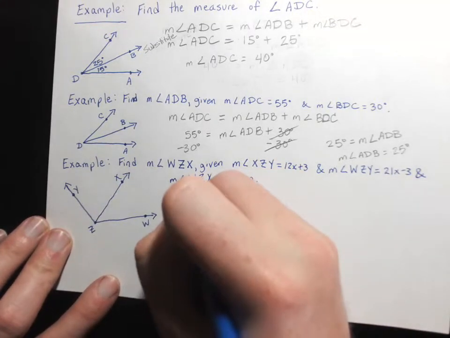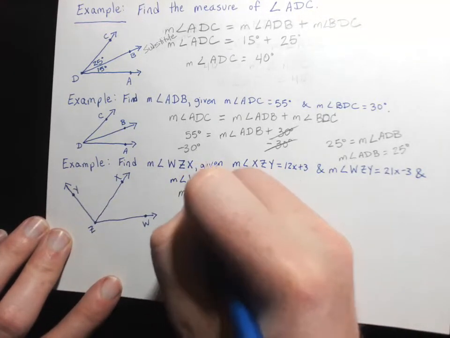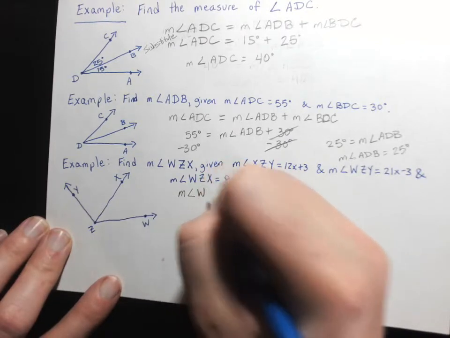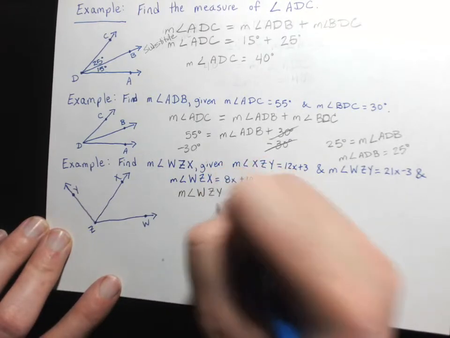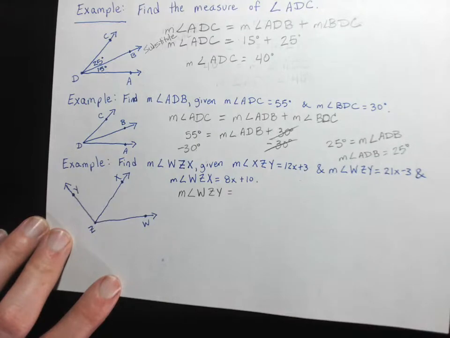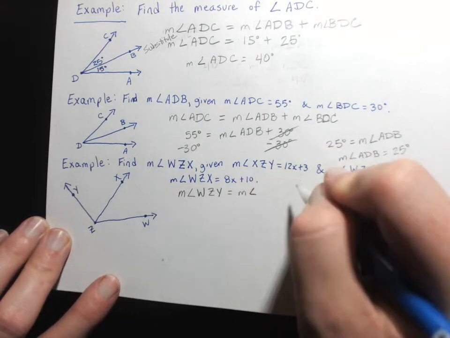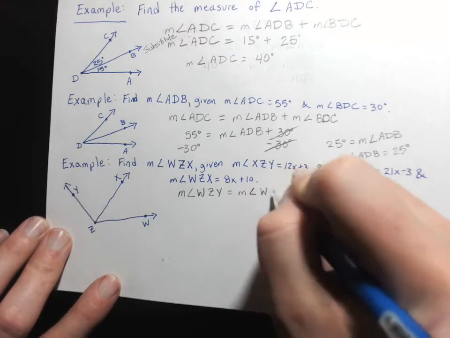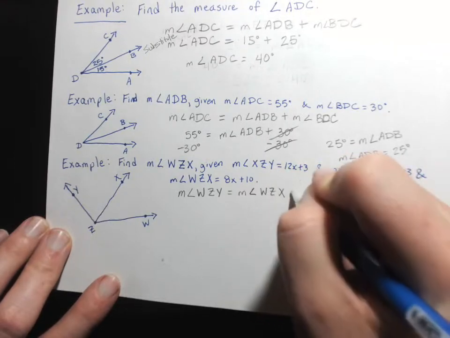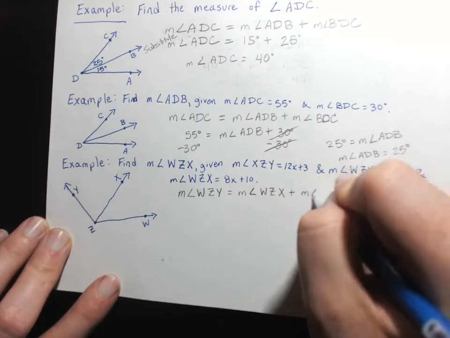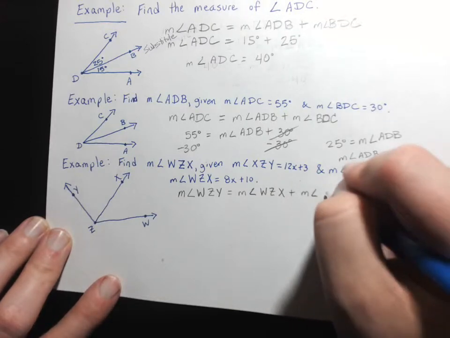So let's start with our big angle, which is the angle WZY. That will be the sum of the other two angles, which is the measure of angle WZX plus the measure of angle XZY.